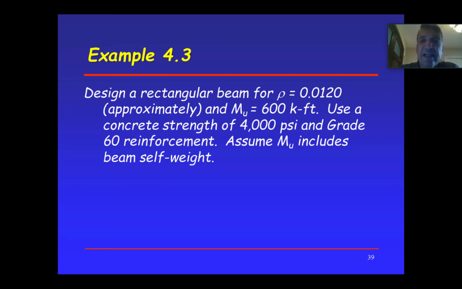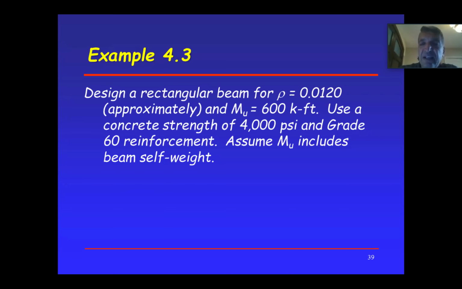It says design a rectangular beam for rho equals 0.012 approximately. Notice that rho is almost always around 1%, because in plain English this is 1.2%. If you take this number times 100, it's 1.2%. So it's around 0.01, 0.009, 0.012, around that number.